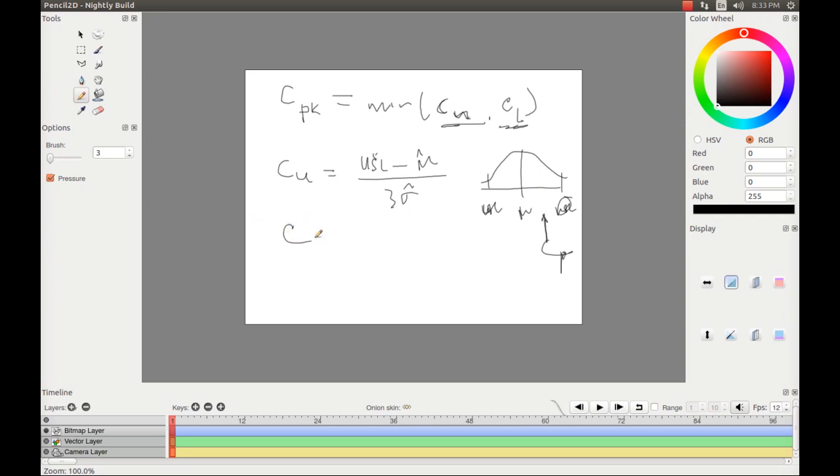Now coming to the C lower, since the lowest specification limit is lesser than the mu, we need to take mu minus LSL, divided by 3 times the standard deviation. So we need the upper specification limit, the lowest specification limit, and mu, and both mu and standard deviation are the hat values. Then finally we decide the minimum value, and that value would serve as the capability index.